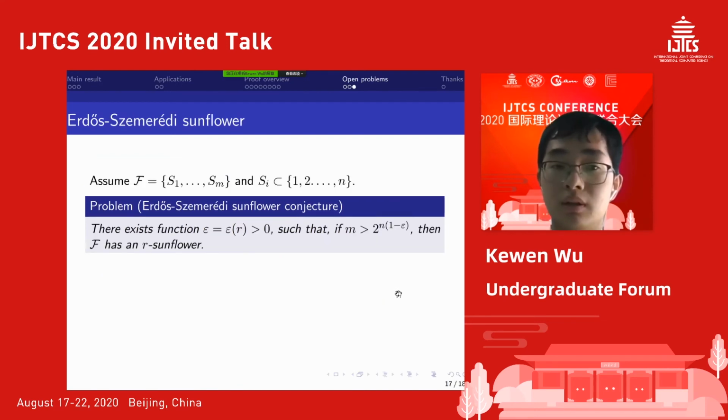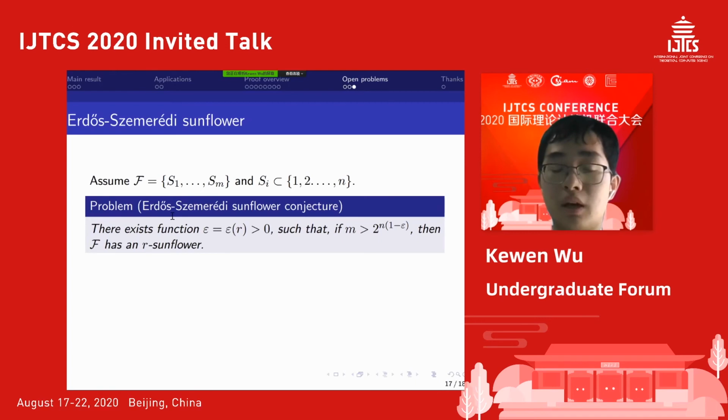And here is another sunflower conjecture called the Erdős-Szemerédi sunflower conjecture, which I mentioned in previous slides. So here, we are focusing on the set system where each set Si is a subset of 1, 2, 3 up to n. So we don't have the restriction of the width of the set system F, but we are requiring the ground set to be bounded.